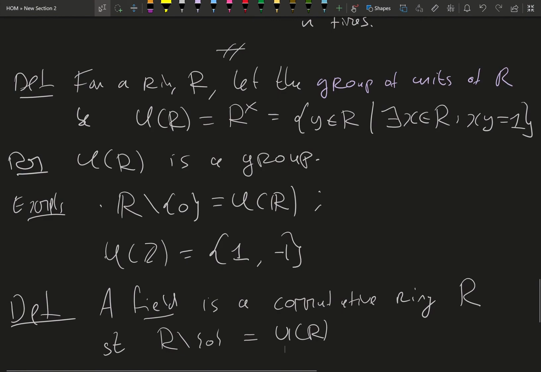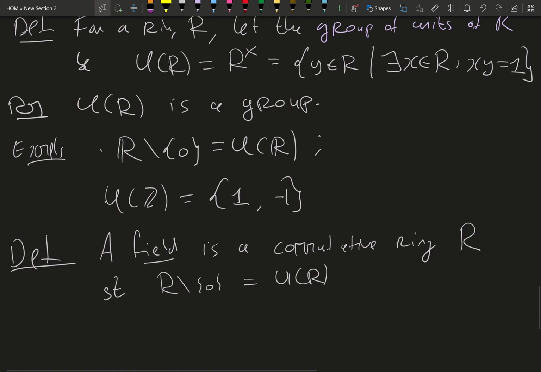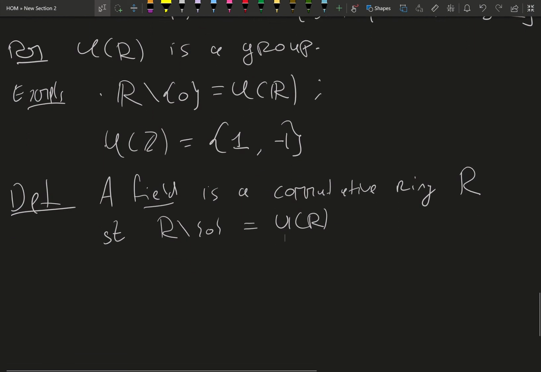And that's no mystery, because R is a field. So this behavior is exactly what characterizes fields. It's all those rings which are commutative, such that if you throw away the 0, then you get the units. In other words, every non-zero element is invertible in R.